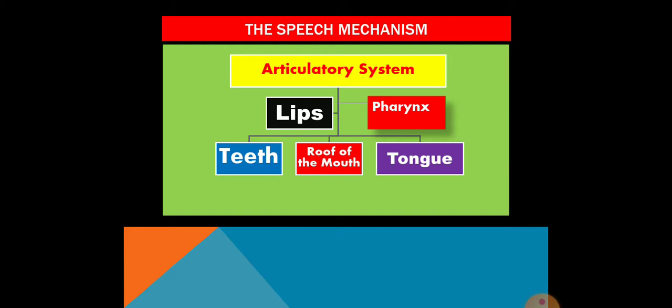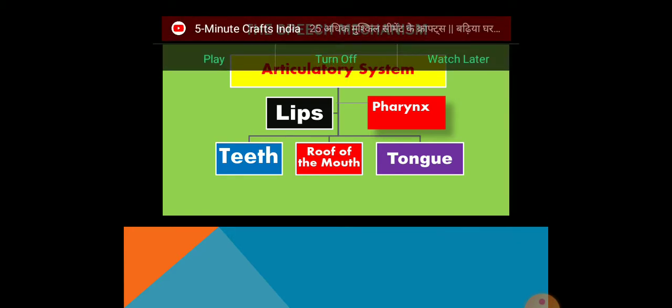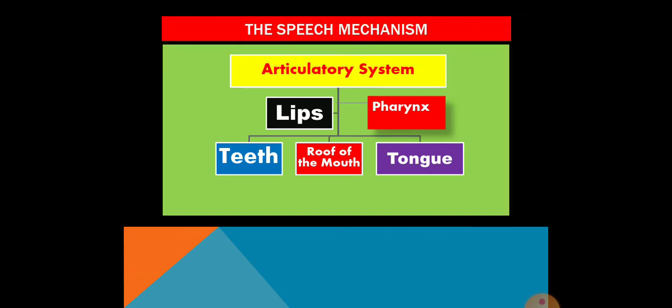The articulatory system consists of organs such as pharynx, lips, teeth, roof of the mouth, and tongue. You can see the first organ of the articulatory system: pharynx.